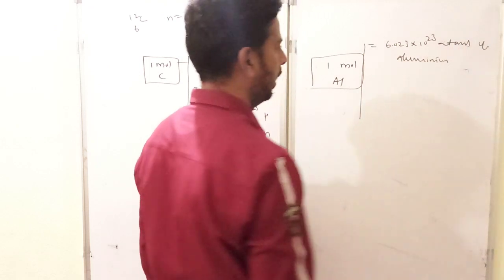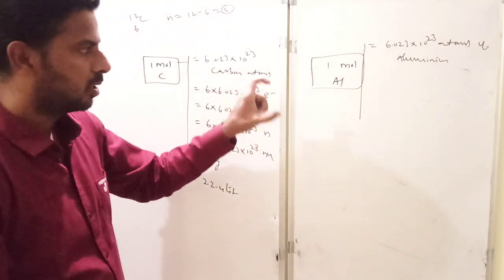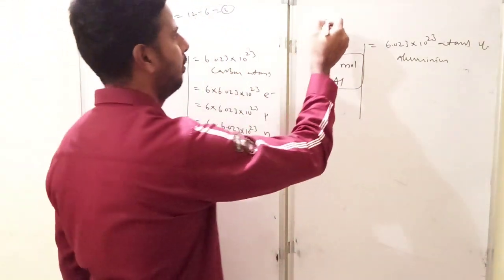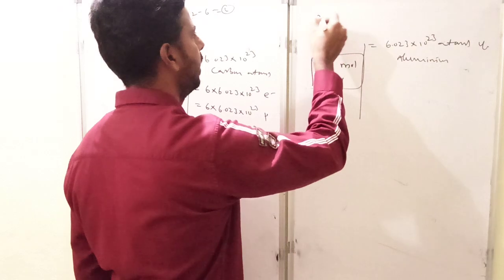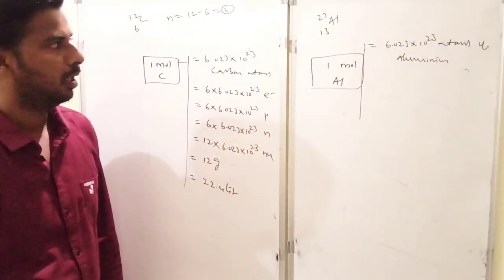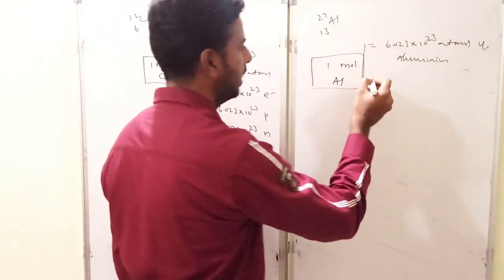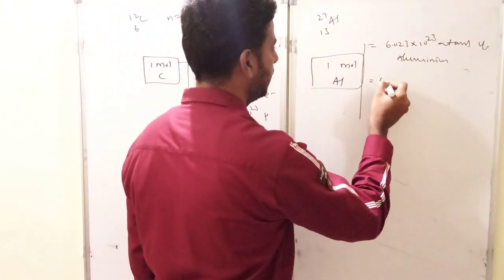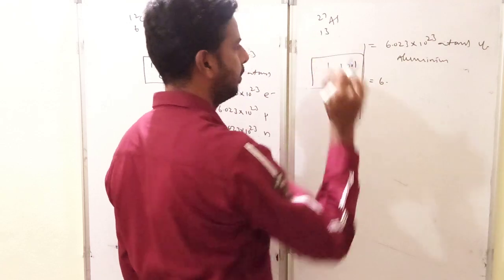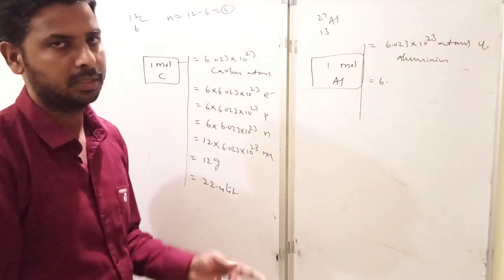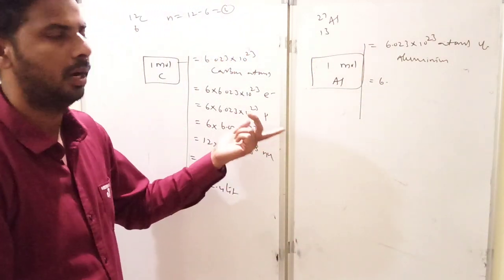Now, if you go to the atomic structure of aluminum, what is the atomic number of aluminum? 13, and the atomic weight is 27. How many electrons does it contain? 13 represents the atomic number, proton number 13 and electron number also 13.